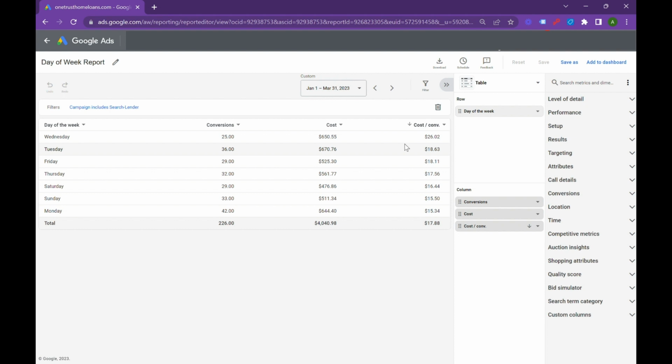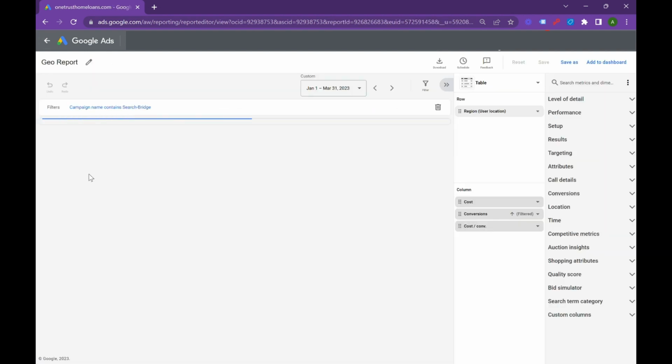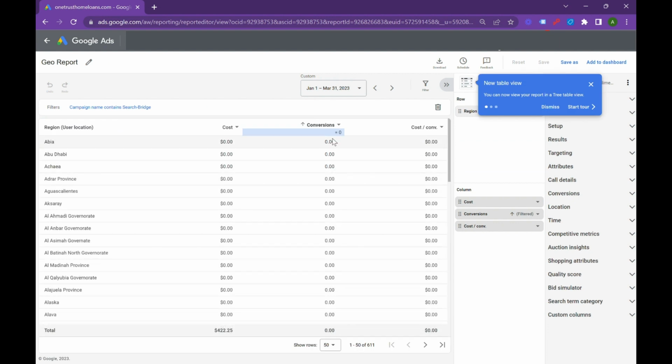And the next suggestion is very similar to this, right? We're basically doing the same thing, but for our geos. So if you have a national campaign running, or even a state campaign, you can do this, and pull a geo report showing conversions and cost per conversions, and filter it by region. And Google will show you every single state, every single country and region, metro that you're serving ads on, whether you're targeting them or not, right?